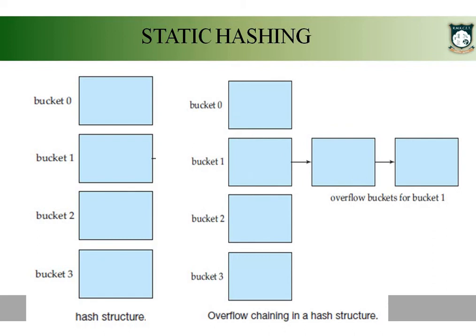We can add additional buckets called overflow buckets. In this example you can see that bucket 1 has filled, so I am adding an overflow bucket. Even if the overflow bucket gets filled, I add another overflow bucket. So this is what is referred to as static hashing. You can relate this concept to separate chaining in hashing data structures, adding overflow buckets.